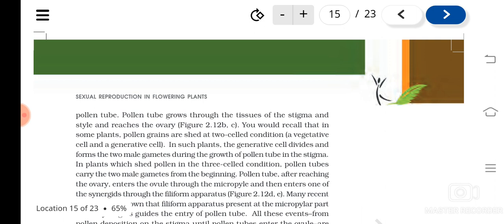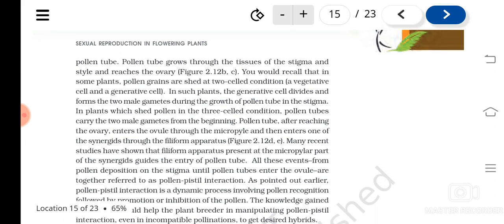Plants which shed their pollen grains in the three-celled condition, their pollen tubes already carry the two male gametes. Then after reaching the ovary, do you remember the ovary is having what? The micropyle structure of the ovary, ovule, you remember? It reaches the ovary and then enters the ovule.